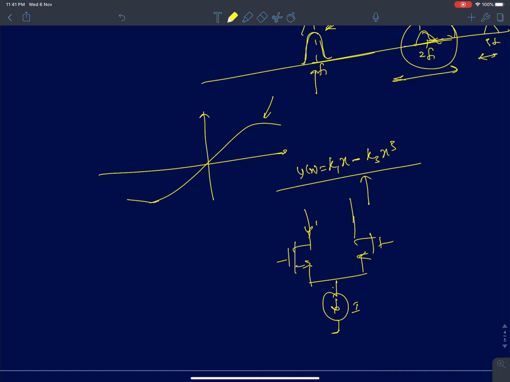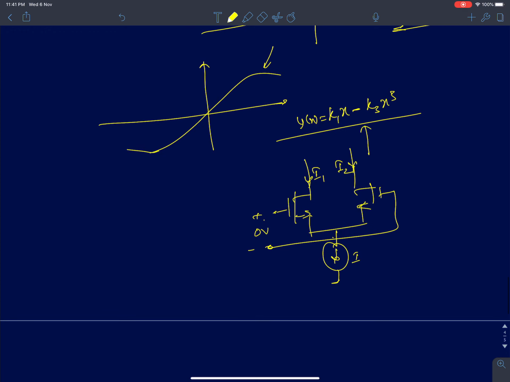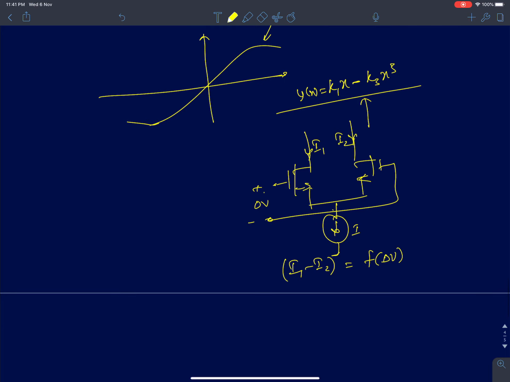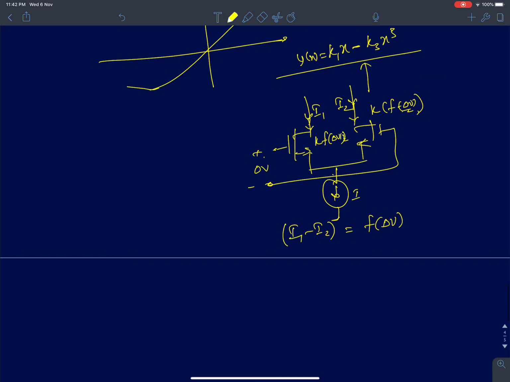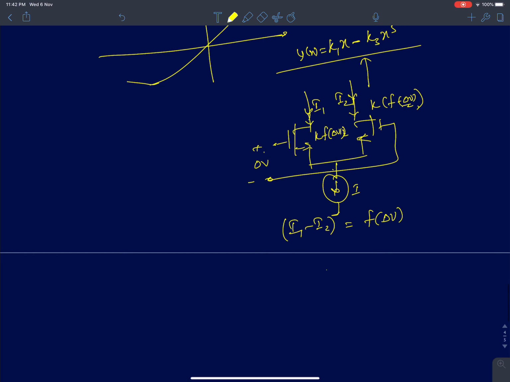I measure the currents I1 and I2 on both the arms, and I've applied a differential voltage between these two terminals of value delta V. You can easily show that the difference between I1 and I2 will be a function of delta V. I'll assume the current flowing in this device will be some k times f of delta V by 2, and k times f of minus delta V by 2. So the difference between I1 and I2 will be k into f of delta V by 2 minus f of minus delta V by 2.